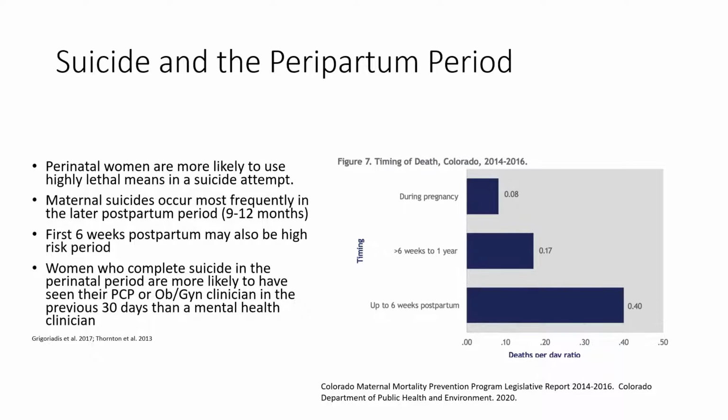And I'll also say that when perinatal women attempt suicide relative to women outside the perinatal period, those in the perinatal period are more likely to use a highly lethal means, which really illustrates an increased intention behind the attempt.